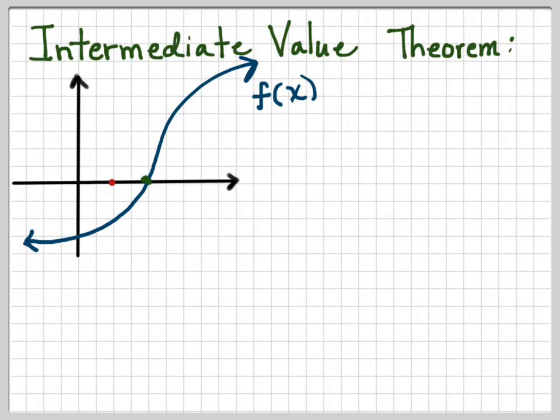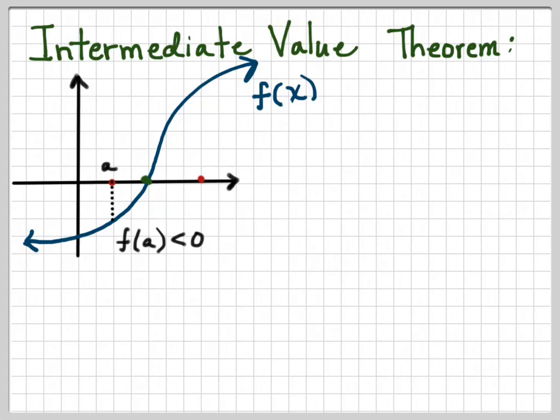And what we want to know is if we take a point to the left of it on the x-axis and a point to the right on the x-axis, and then examine where the function is at those 2 points as far as f of x goes. You can see that we have point A, and f of A is less than 0.